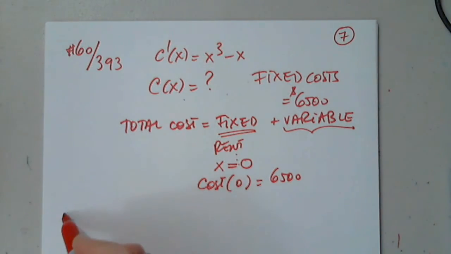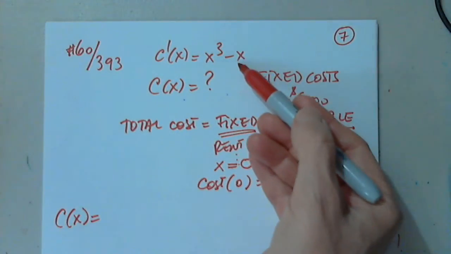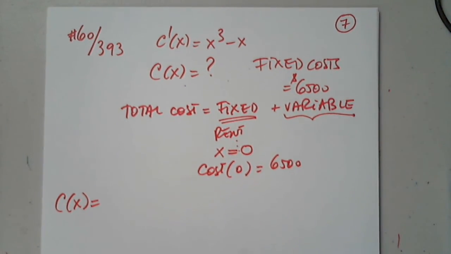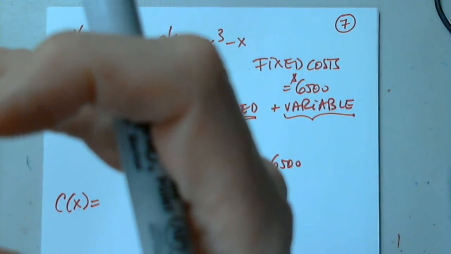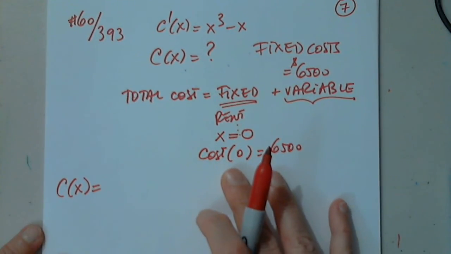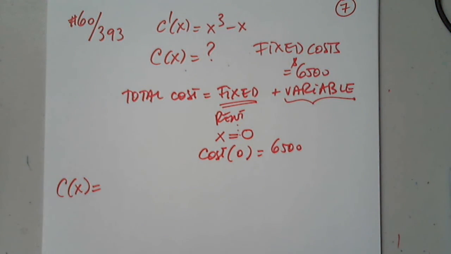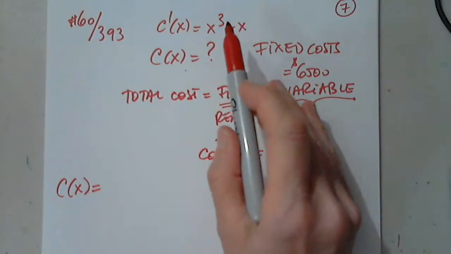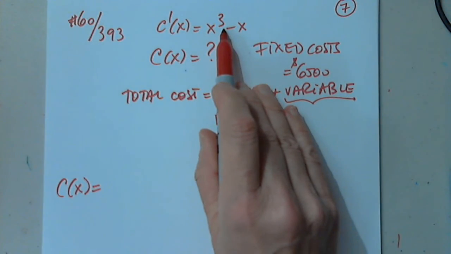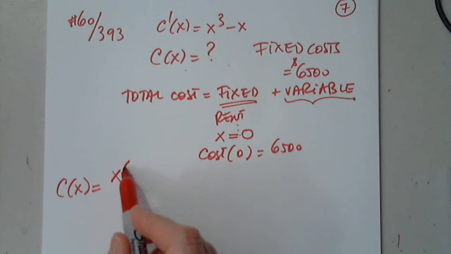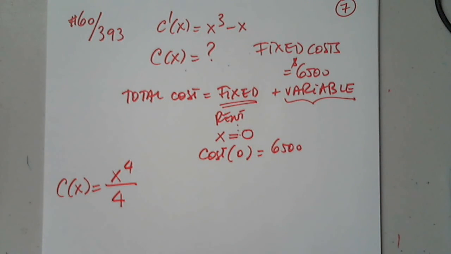So, can anyone give us the antiderivative based on what you see here? Can anyone find the antiderivative of x cubed minus x for us, based on what we just looked at? X cubed over 3. Careful. We have to increase the power by 1 and divide by that number. Is that clear why? This is new.